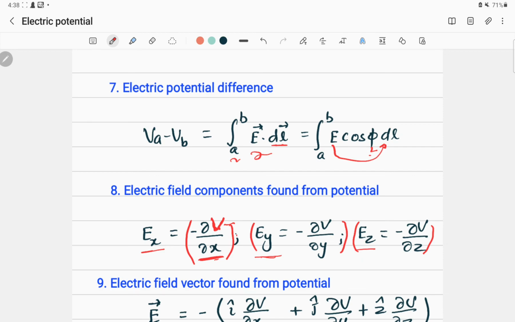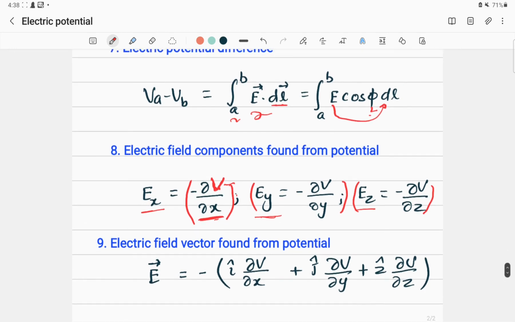If you need to find the electric field as a whole, adding all the components together, Ex, Ey, and Ez, you will get the electric field vector found from the potential, where the negative sign can be taken common: partial V by partial x in the x component, plus partial V by partial y in the y component, and partial V, this is again V, divided by partial z. So this one gives you the electric field vector found from the potential.